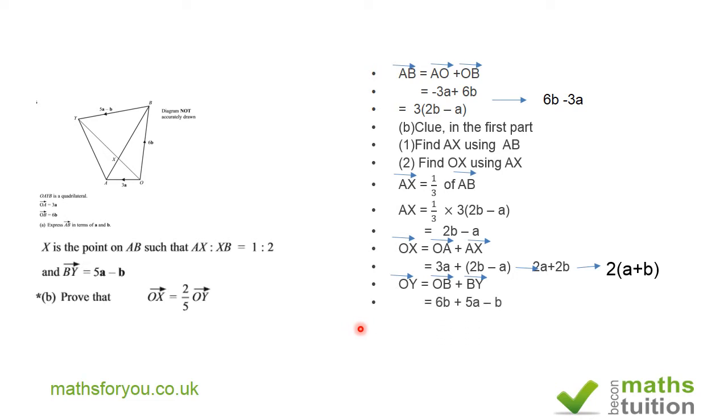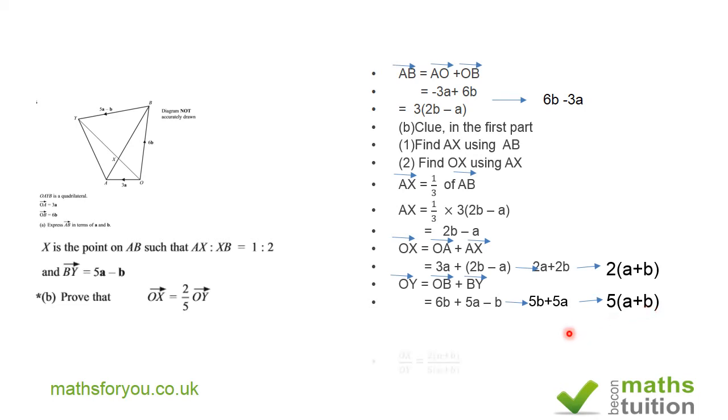When we collect like terms, we end up with vector OY being 5b plus 5a. And when we factorize, vector OY is 5 into a plus b.